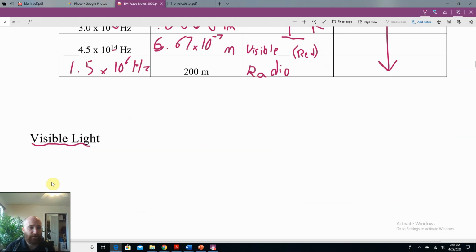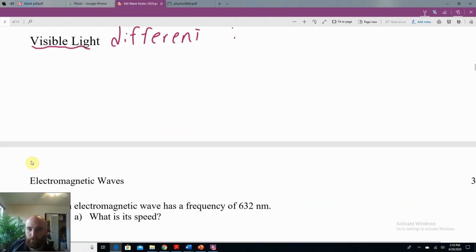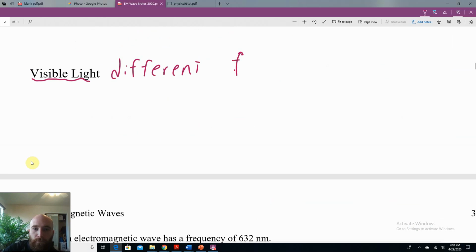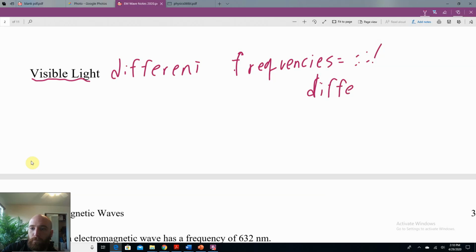So let's get that in our notes here. You can detect different frequencies by seeing different colors. Different frequencies equal different colors.